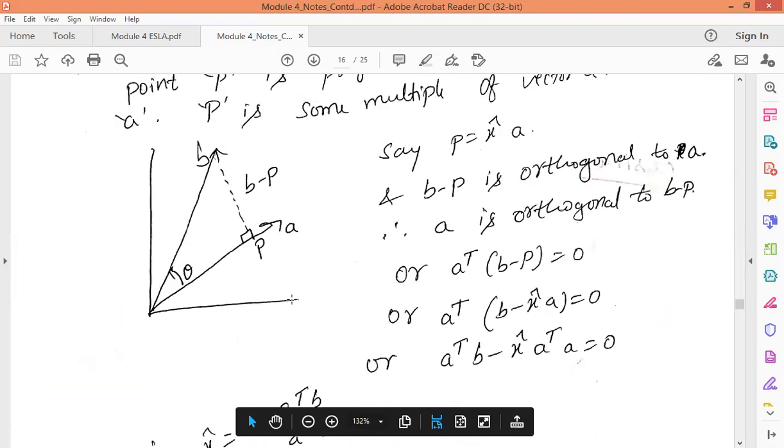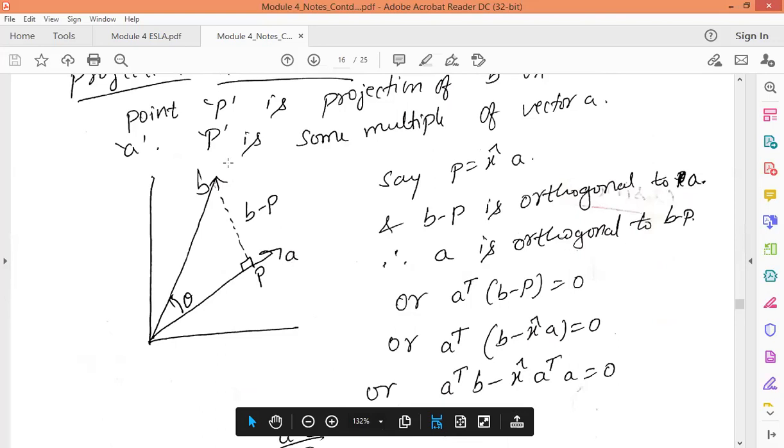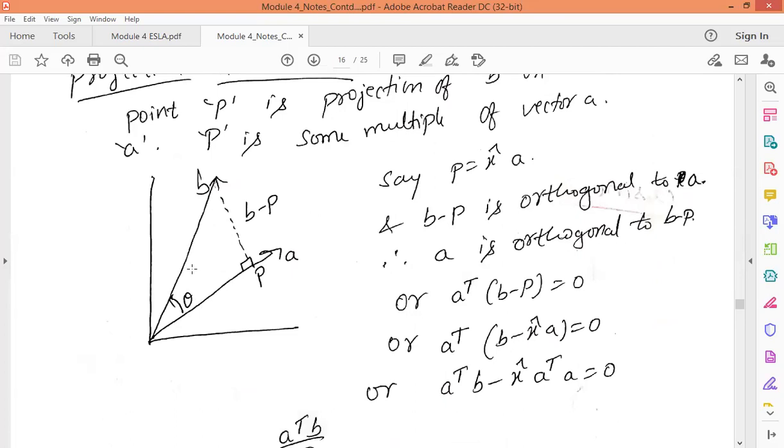We have two elements A and B making an angle theta between themselves. If we draw a perpendicular, we have a projection of B on the line A at the point P. Now we have to write the equation of the projection.